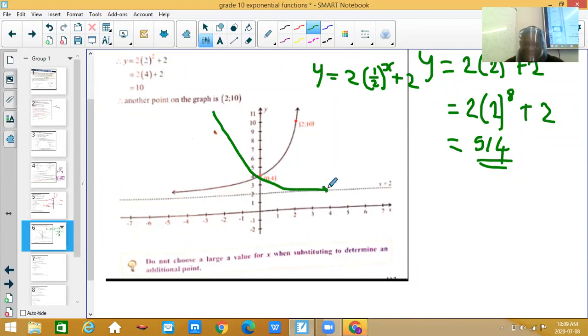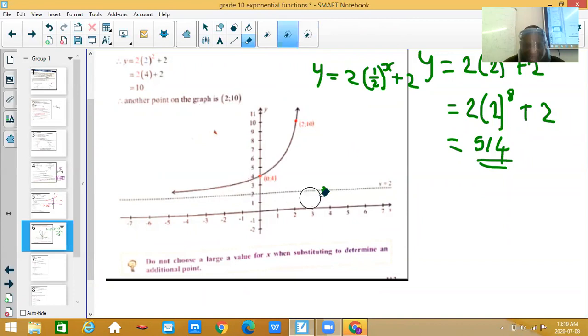Now this shape is determined by the second quadrant, if this one is a fraction, yes? This is the second quadrant. Or if you take a negative number.